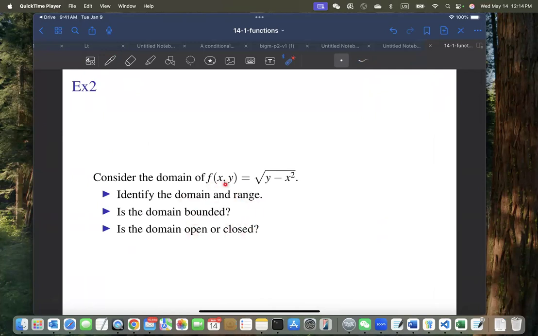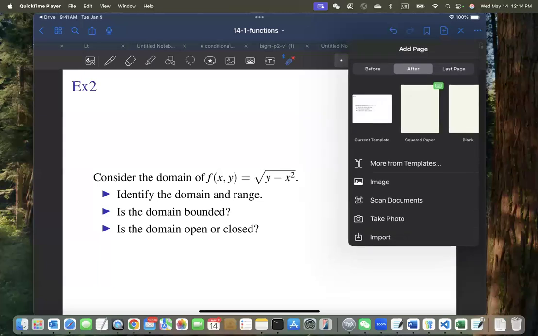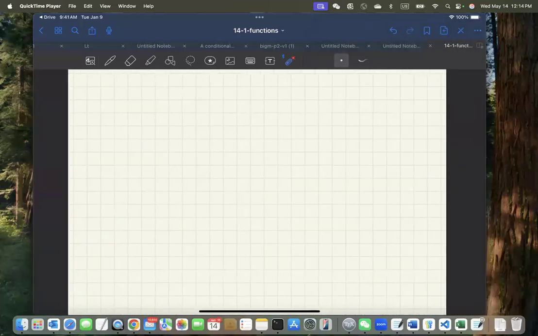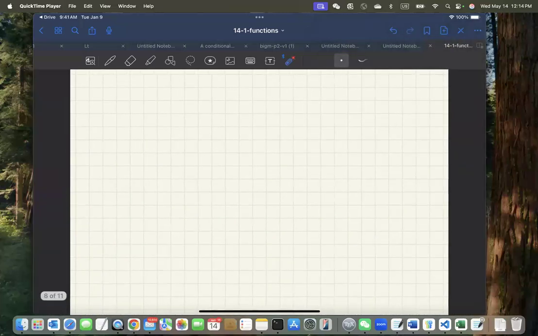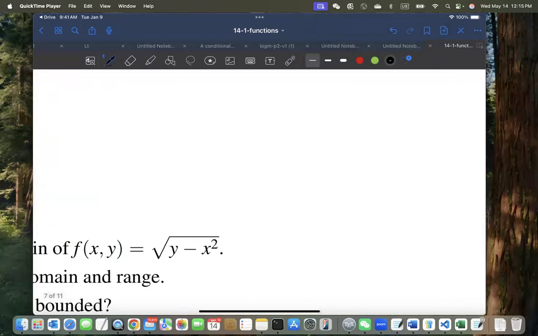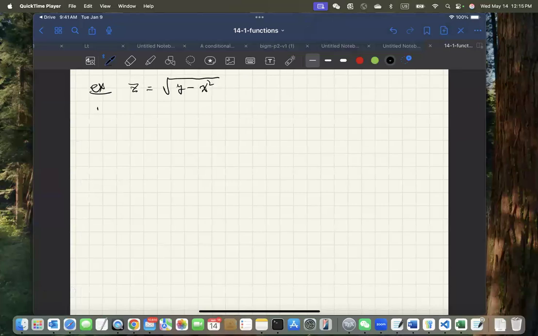The function we're going to study is the square root of y minus x squared. First, let's look at the domain.